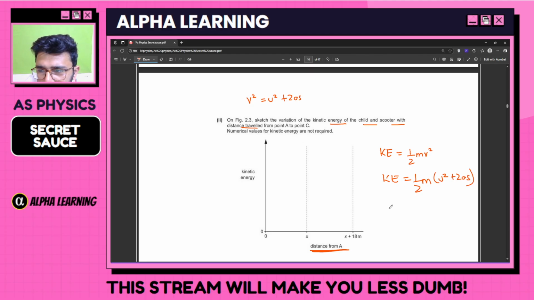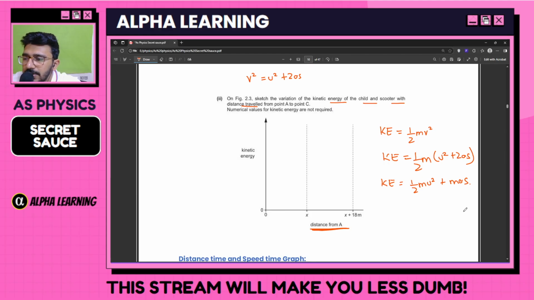Can you rearrange this? Kinetic energy is equals to 1 upon 2m u square plus 2 to cancel out. This will become mas. Now I want you guys to realize something. This is not that easy.